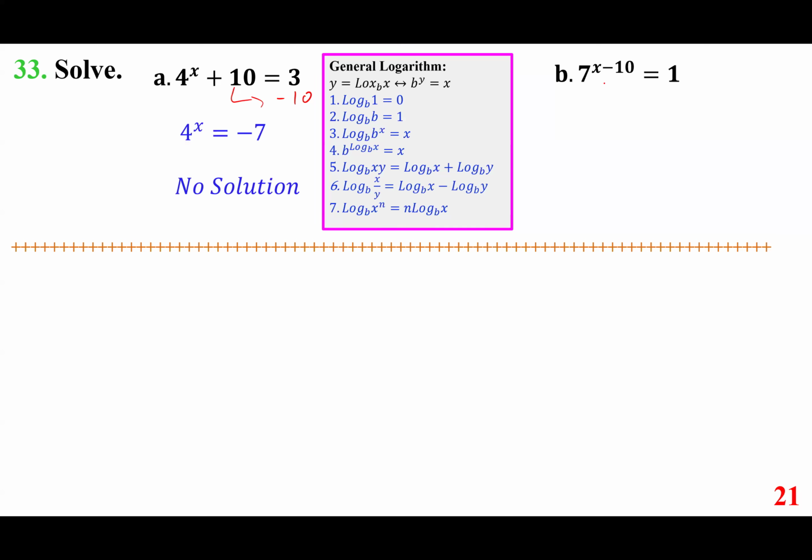What about this one? One easy way is to recognize 1 is any base you want it to be with the exponent 0. So 1 is 5 to the power of 0, 2 to the power of 0, 10 to the power of 0. And because the base here is 7, it's 7 to the power of 0. That would be the choice.